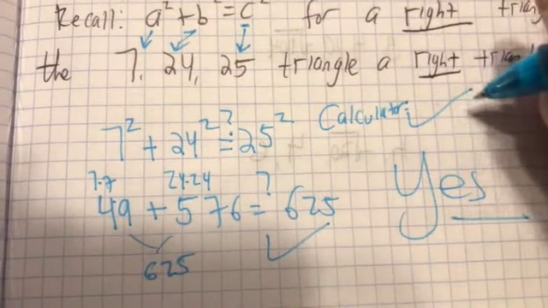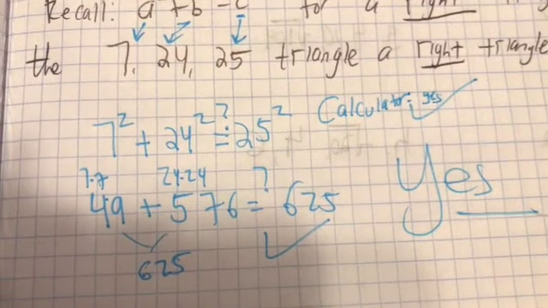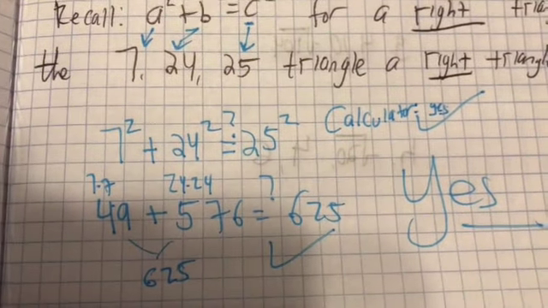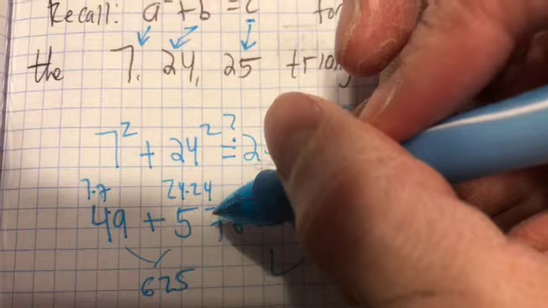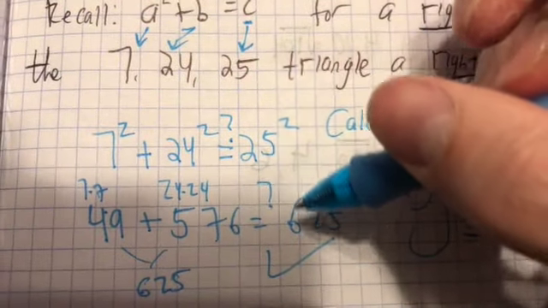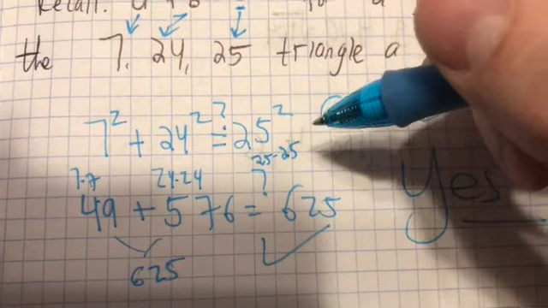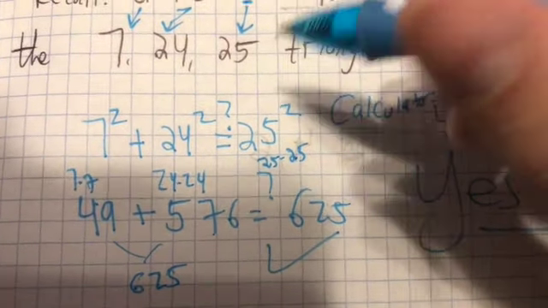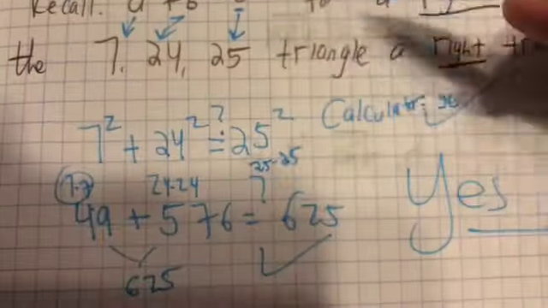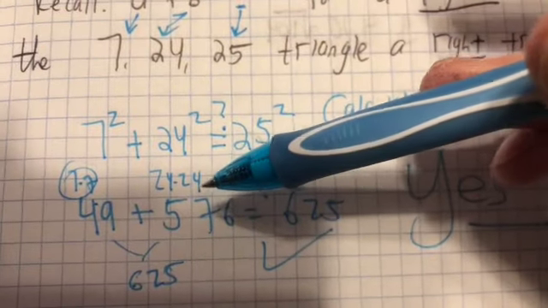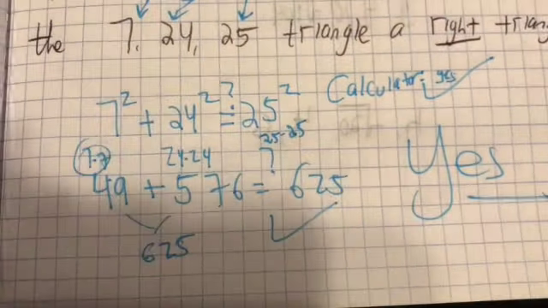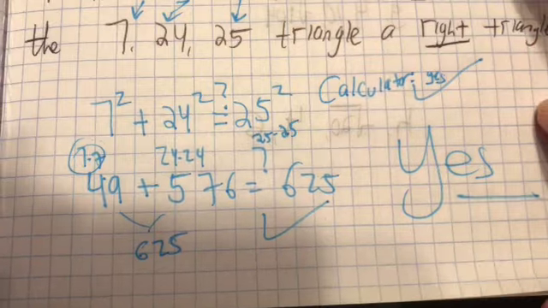You may use a calculator. All right. So 24 times 24 is 576, and 25 times 25 is 625. I do not expect you to memorize any perfect squares. I want you to know this one, but if you don't know 24 times 24 in your head, that's really okay.